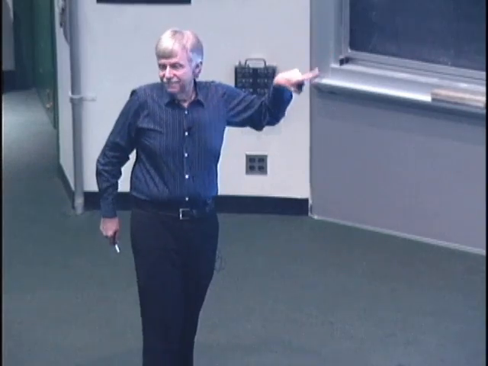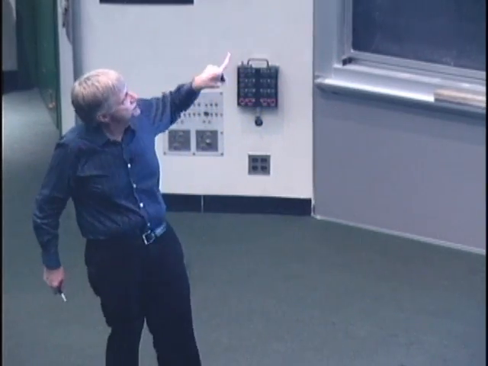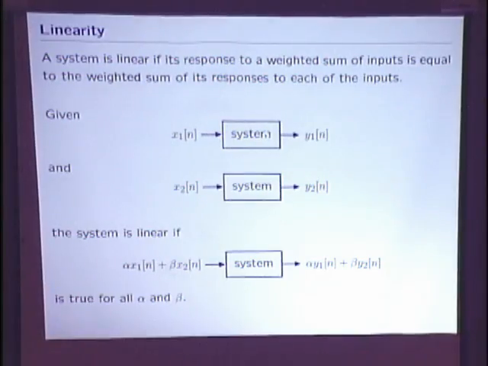And we can write that this way. So a system is linear. We can define linear in a more rigorous mathematical sense by saying that a system is linear if the response to a weighted sum of inputs is the similarly weighted sum of outputs. So imagine that I have a system whose output when the input is x1 is y1, and whose output when the input is x2 is y2.